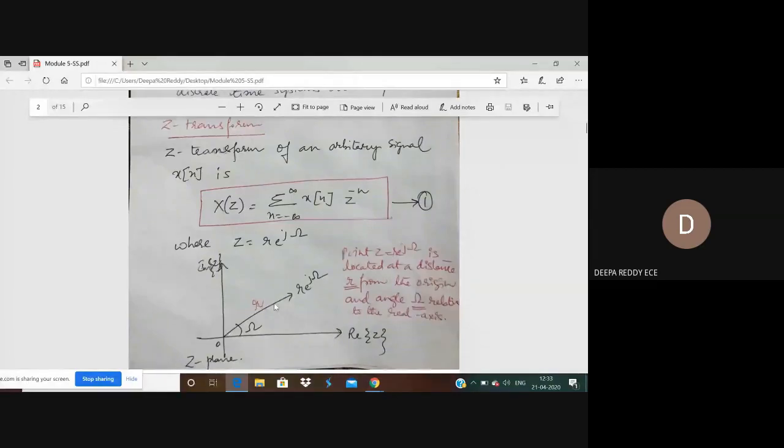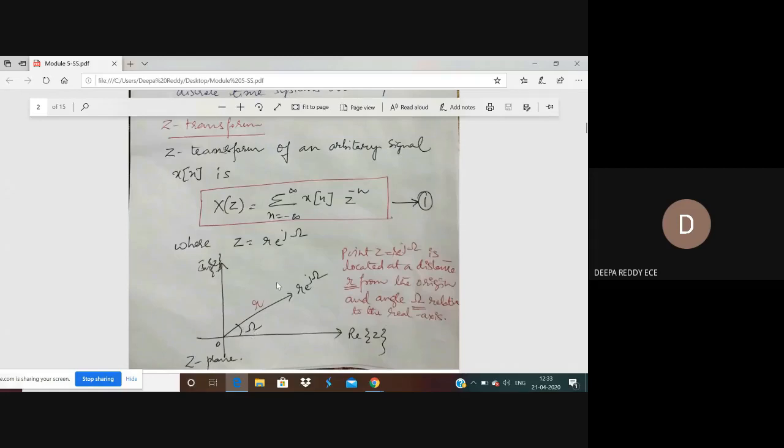The point z equal to r e to the power of j omega is located at a distance r from the origin, and at an angle omega relative to the real axis.